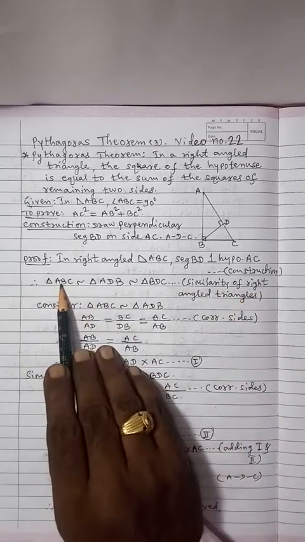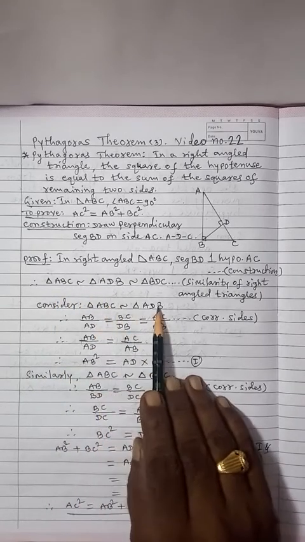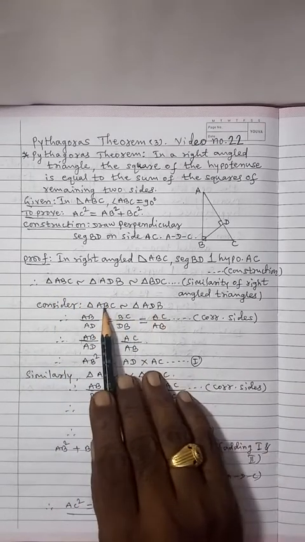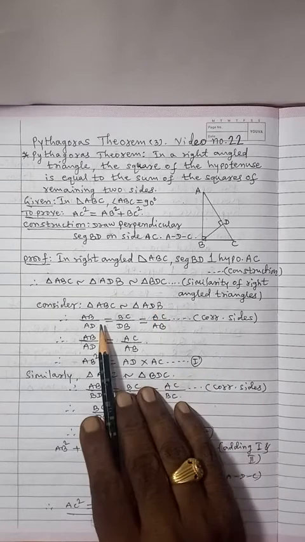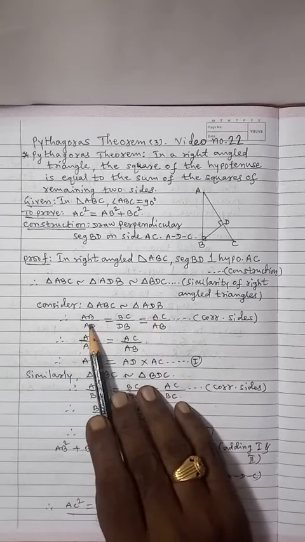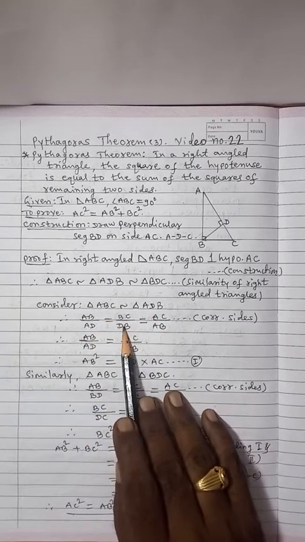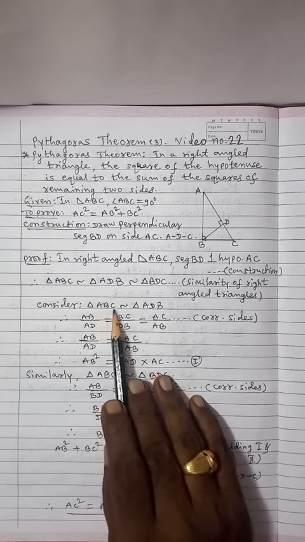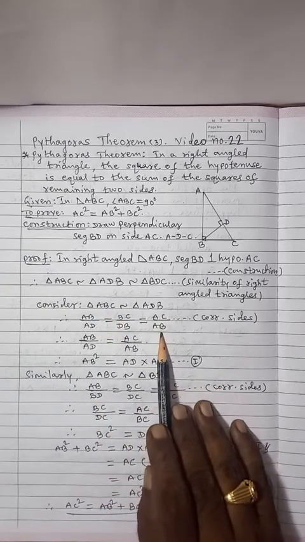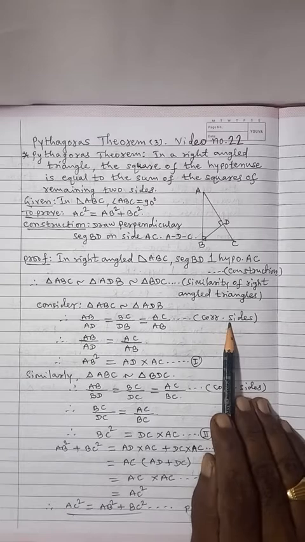Now we will consider triangle ABC similar to triangle ADB. As triangles are similar, corresponding sides are in proportion. So we have AB upon AD equals BC upon DB equals AC upon AB. Reason for this: corresponding sides of similar triangles.